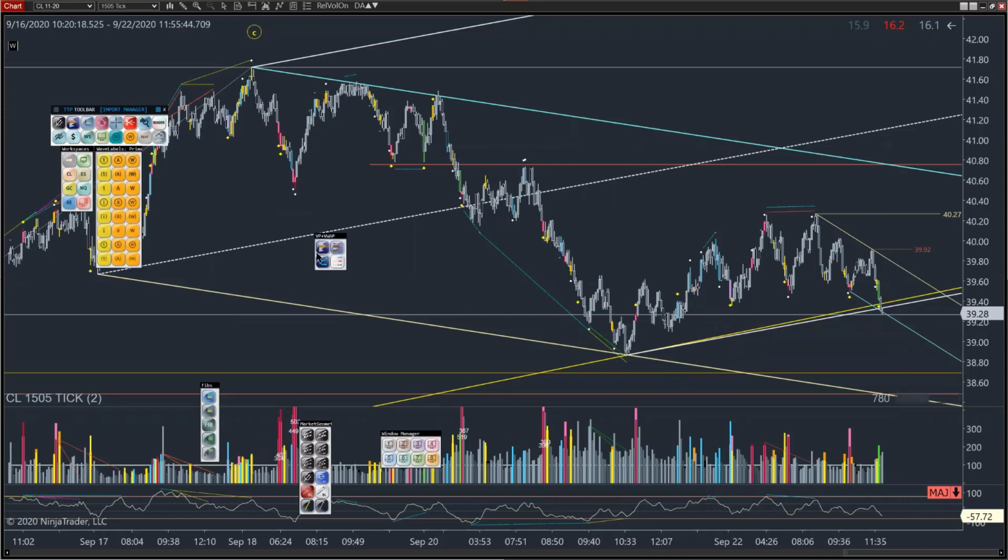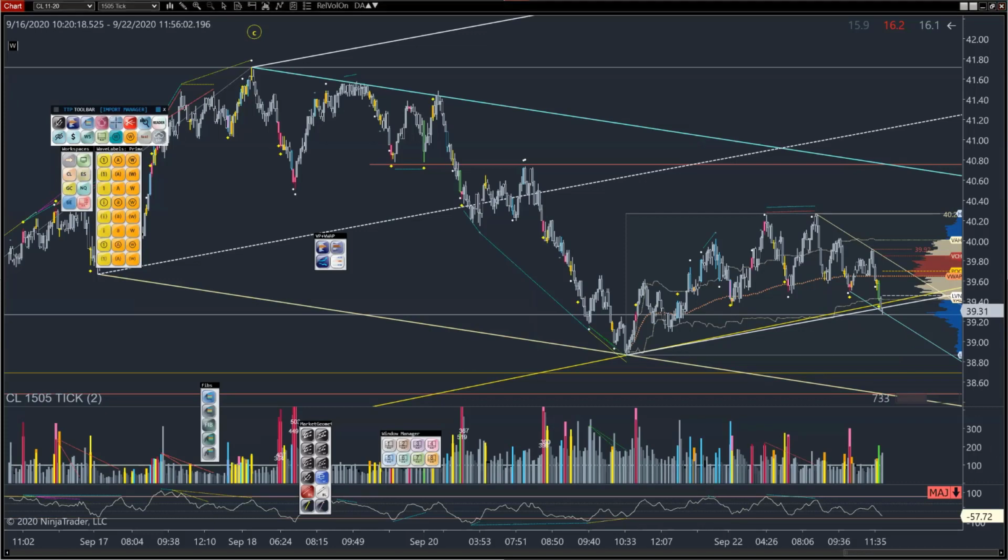I'm scared to take it, but that's a potential long. I would be buying into what could possibly be the beginning of a third wave down. I'm sorry, but I think I have to do it.